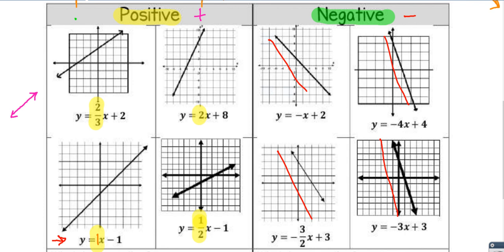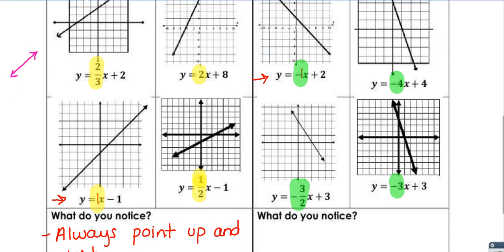But these lines for negative go down and right. We also should have noticed that the number in front of x is always negative now. Again, asking you the question in the first equation, what is your number before x? It is a 1, but in this case, it is a negative 1 because it's a negative slope.